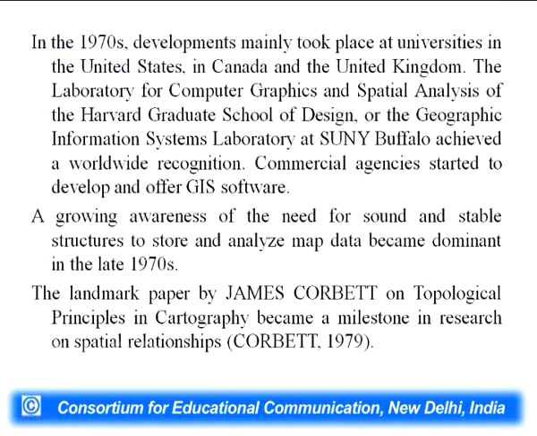In the 1970s, developments mainly took place at universities in the United States, Canada and the United Kingdom. The Laboratory for Computer Graphics and Spatial Analysis of the Harvard Graduate School of Design and the Geographic Information System Laboratory at SUNY Buffalo achieved worldwide recognition, and commercial agencies started to develop and offer GIS software.